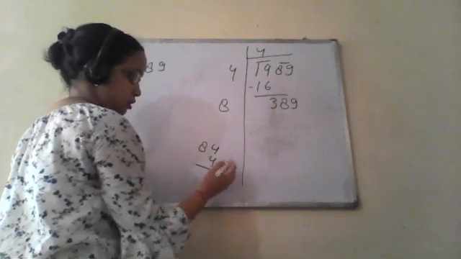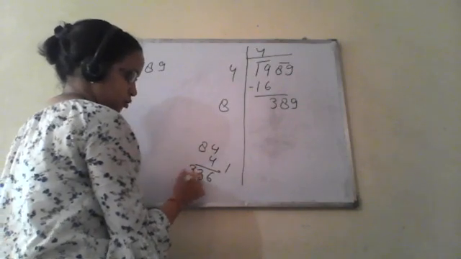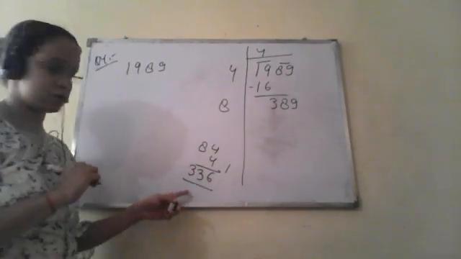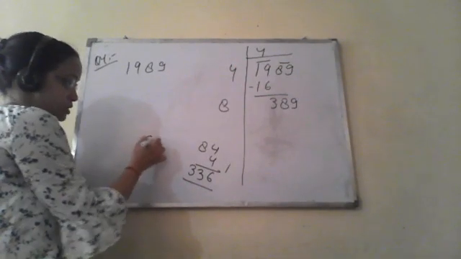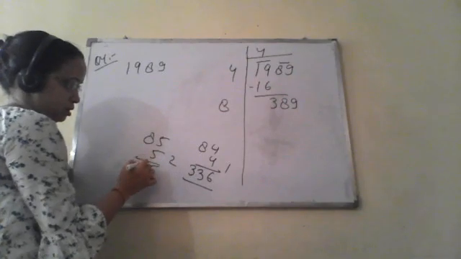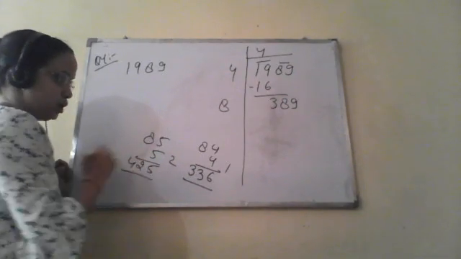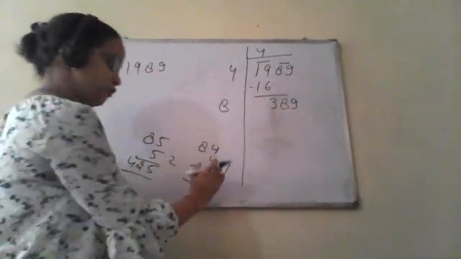If we try 84 times 4, it becomes 336. If we try 5, it will be 425. This 425 is greater than this dividend, so we will go with 336.